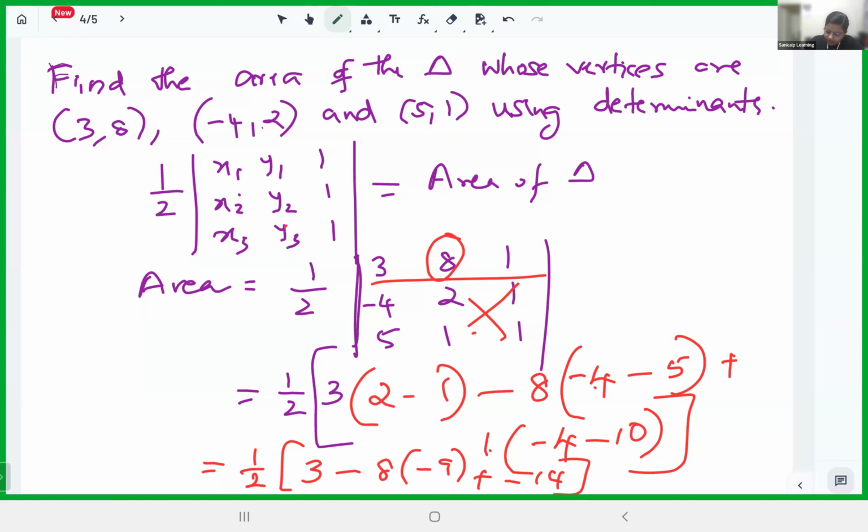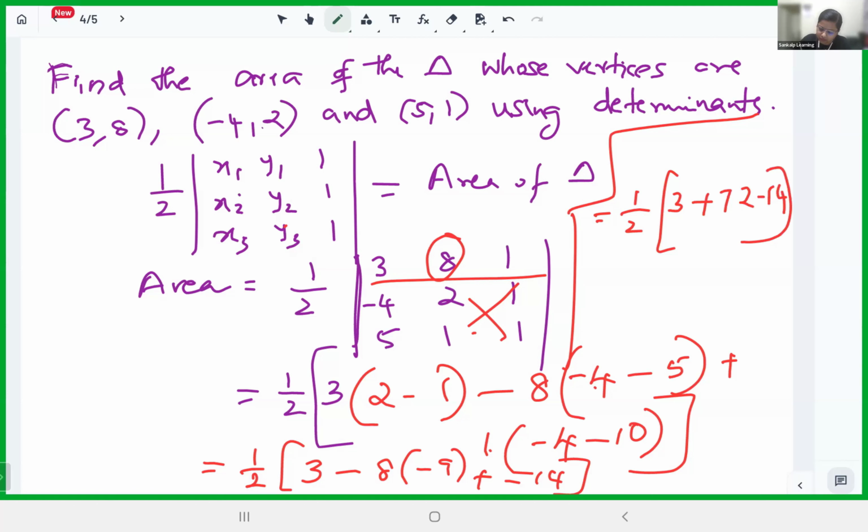So how will you find it? I'm going to write the remaining here. So that is equal to half of 3 minus 8 into minus 9. 8 nines are 72, so plus 72, right? Plus 72 and minus 14.